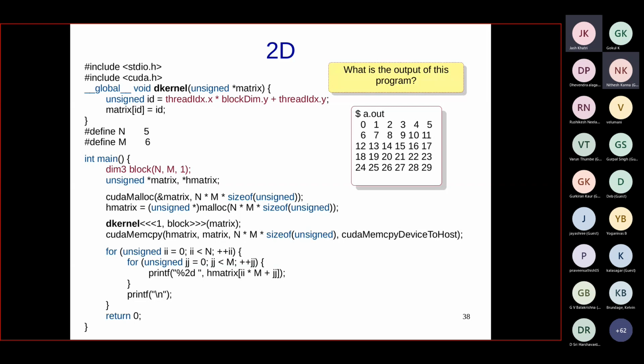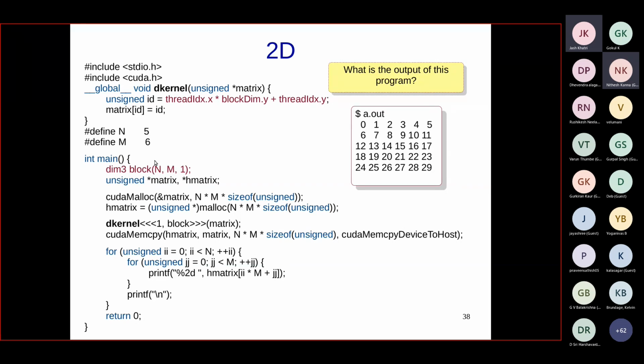Those numbers won't change across the kernel. Sir, one doubt, sir. When you say the dimension of the block, you mean the number of threads in that block, sir? See, it's not the number of threads in that block. Dimensions are determined by the way you are launching the kernel. Here you are explicitly saying that I want a block with x dimension as 5 and y dimension as 6.